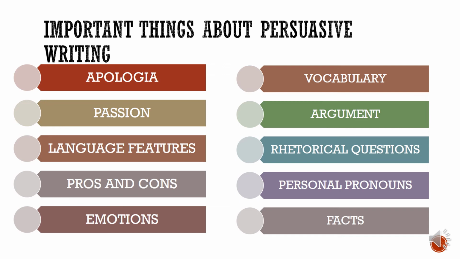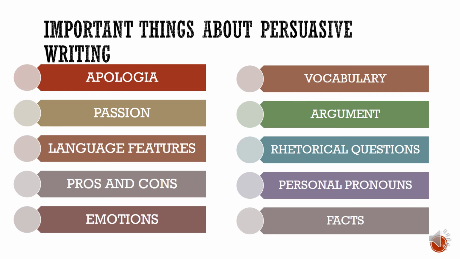So you are either saying that what you did was not wrong, or denying that you were responsible for what happened. That is apologia. So it is quite different from apologizing in the first place. Apologizing, just like we said, is when you say sorry for the wrong things you have done.